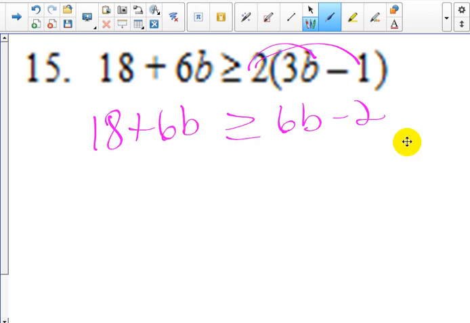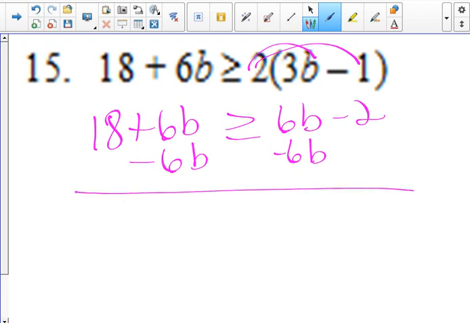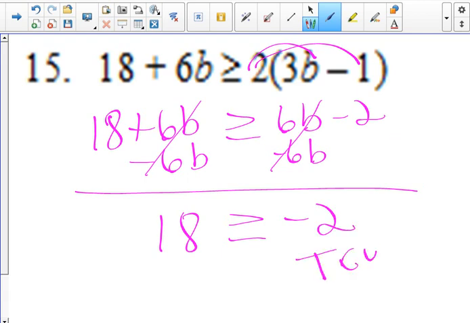Now I'm going to get the b's on one side, so subtract 6b, subtract 6b, and you can see right away that's going to go to 0 and that's going to go to 0. And I'm left with 18 is greater than or equal to negative 2, which is a true statement. It's always true. So this is all real numbers.